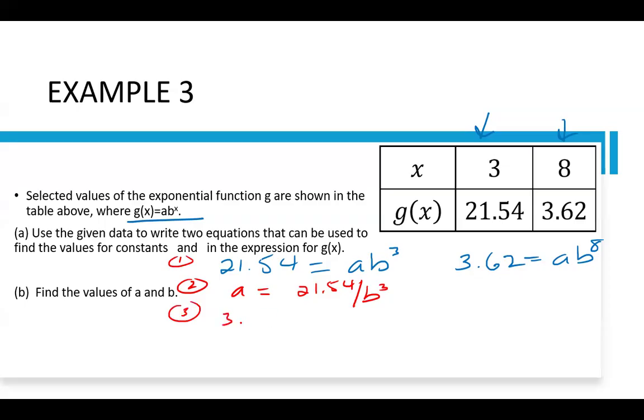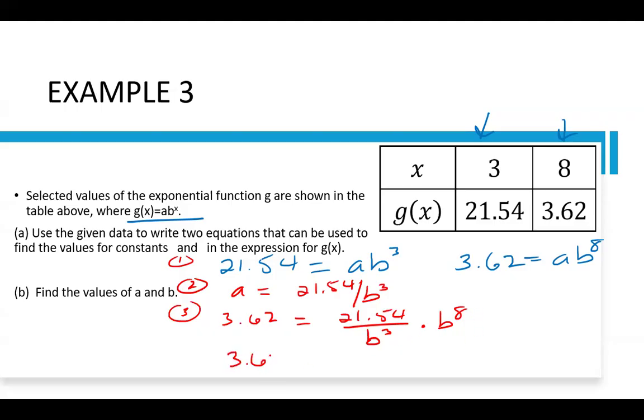So we end up with 3.62 equals 21.54 divided by B to the third times B to the 8. Can I clean that up? And how do I clean it up? Subtracting the powers. 8 minus 3 gives us 5.